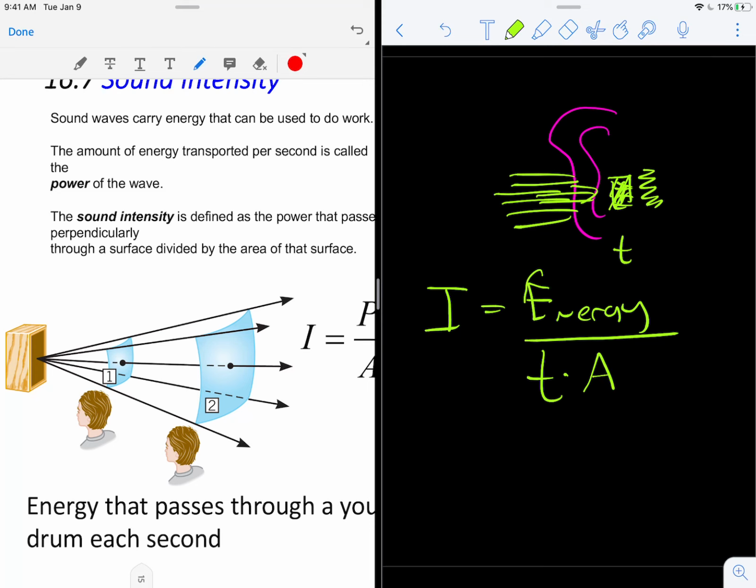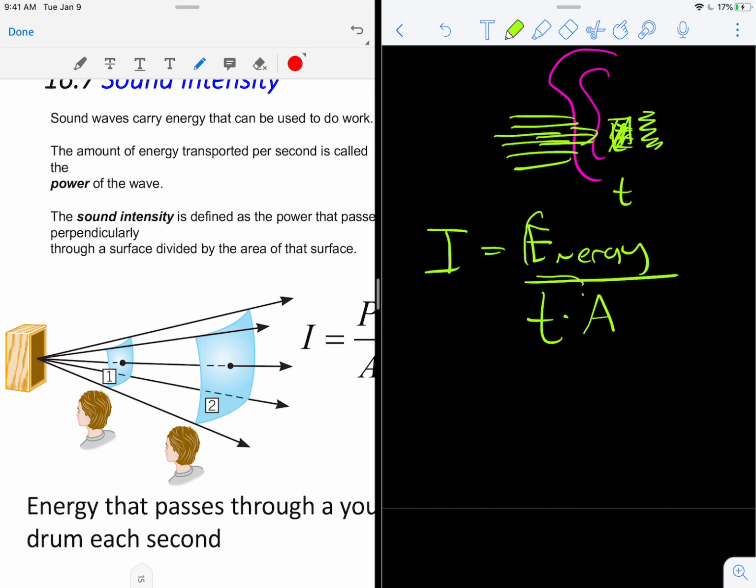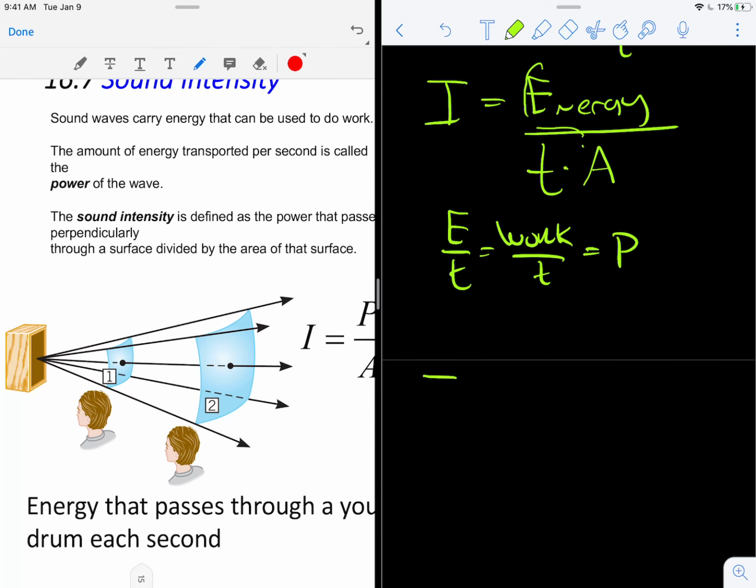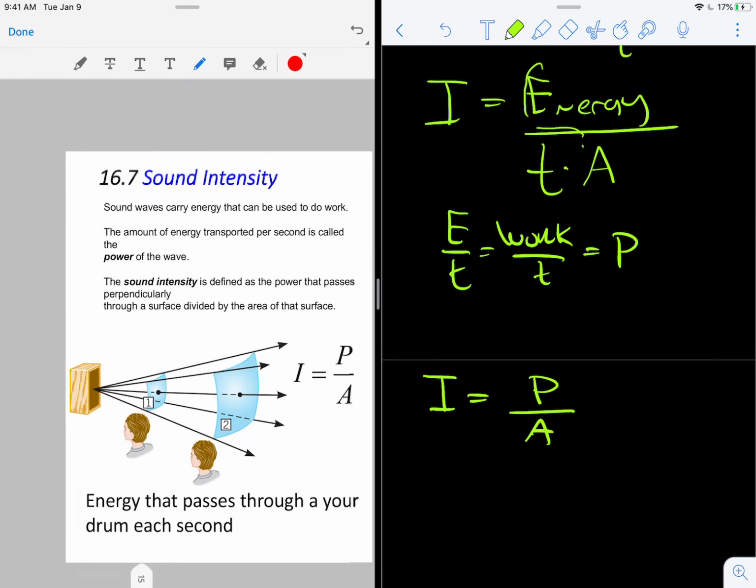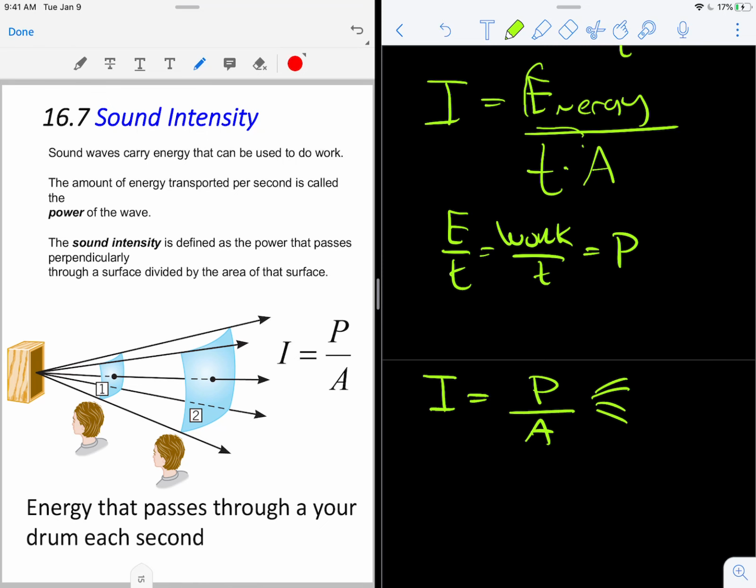So it's the energy that passes through the area of your ear each second. And remember from a few chapters ago, energy divided by time, or work divided by time, is the same thing as power. So the actual way that you write intensity is it's going to be power divided by area. It's just how much power gets spread out over a given area.